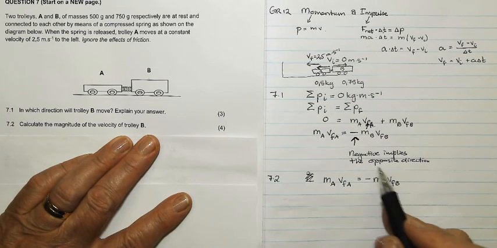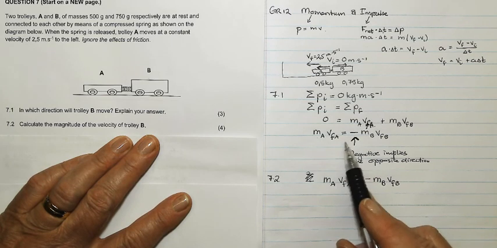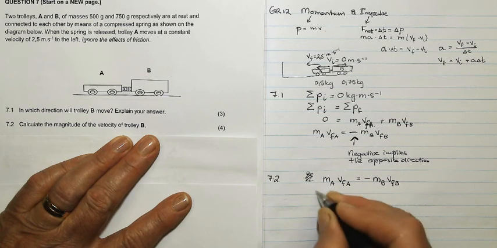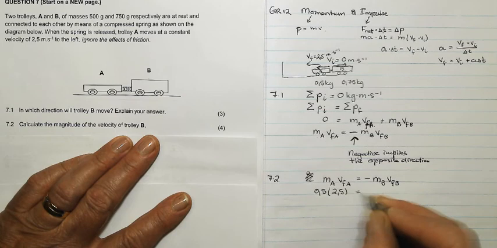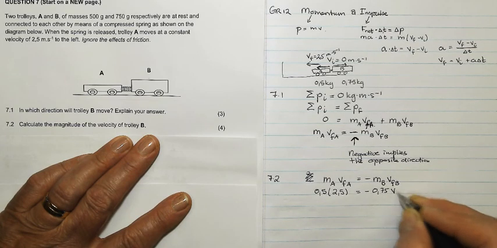So we're going to use what we deduced in question 7.1. Mass of A is 0.5, final velocity of A is 2.5, minus the mass of B is 0.75, and it's its final velocity that we need to calculate.